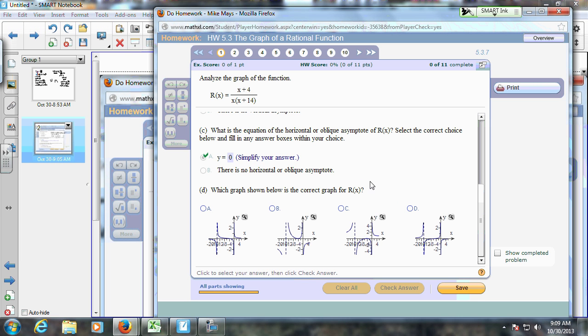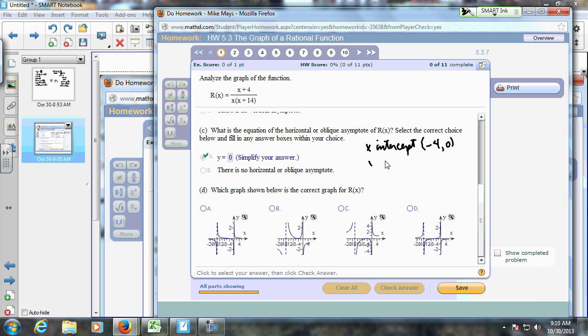Which graph is the correct graph? So it's nice to have a set. What we've got to come up with is an x-intercept at -4. So let's look at these graphs and identify these features. I want an x-intercept at -4, 0.